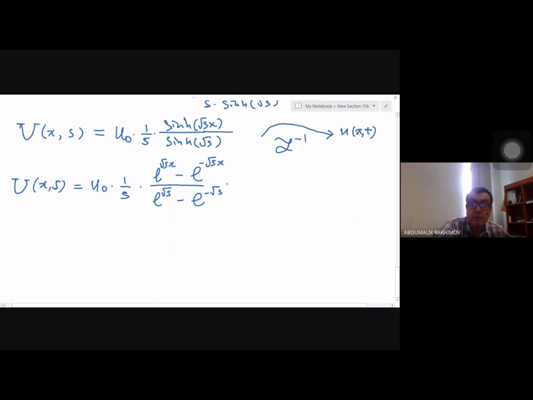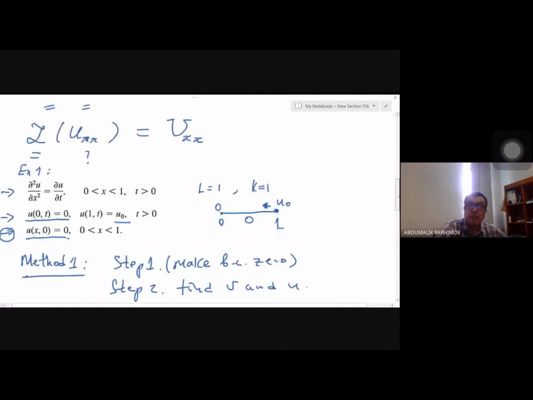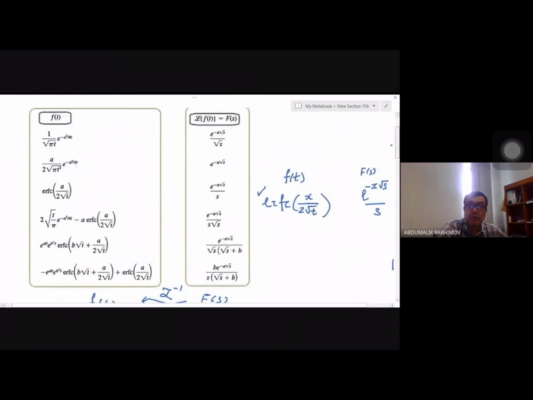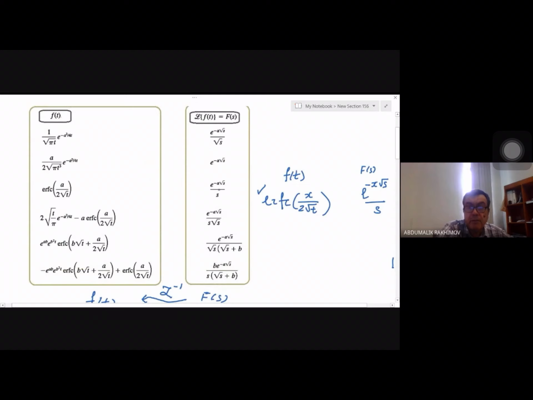The 2 cancels between numerator and denominator. So now I look at this and say, I have s in the denominator and I have exponential root of s. And if I look again, still I cannot find something like this. But there is a formula which we have seen, exponential root of s over s.